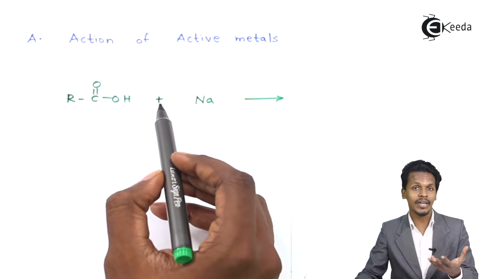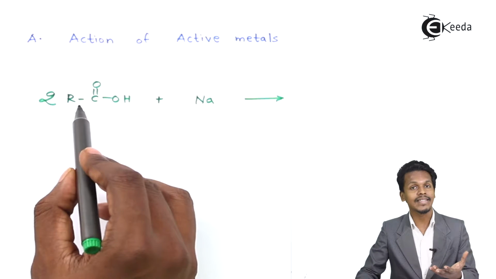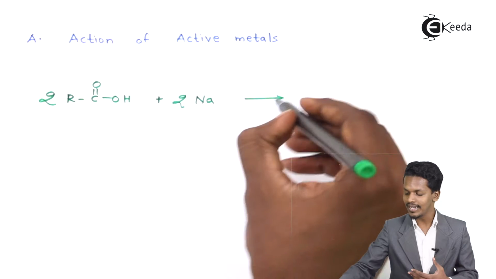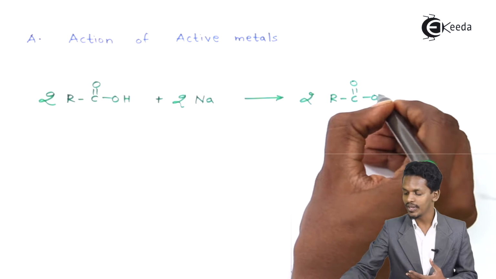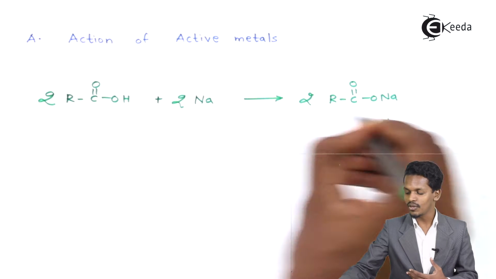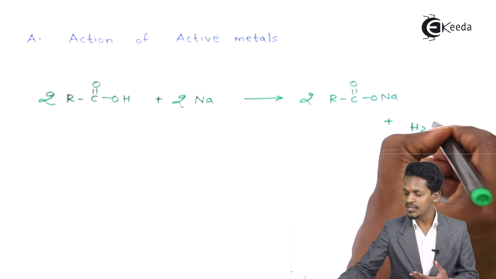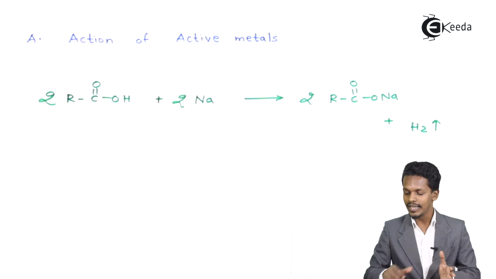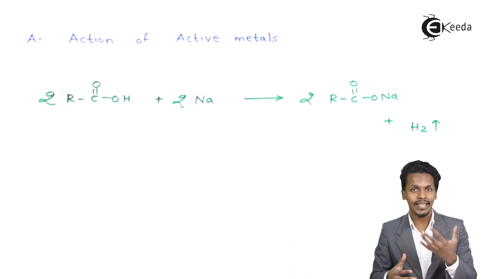So we have to mention that 2 moles of carboxylic acid react with 2 moles of sodium to give 2 moles of RCOONa. Along with that there are 2 hydrogen atoms, so they combine with each other to form a hydrogen molecule. This is how the reaction of sodium with carboxylic acid proceeds.